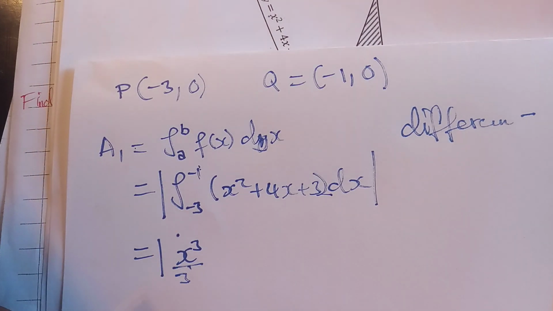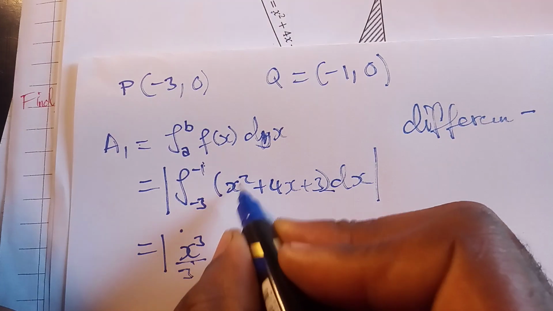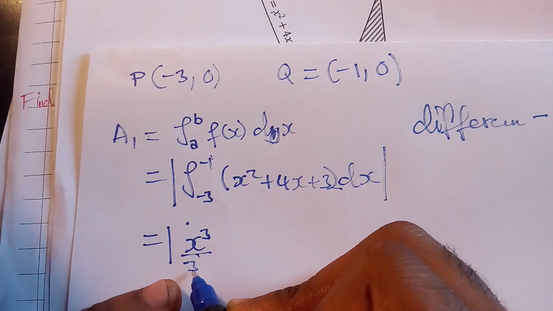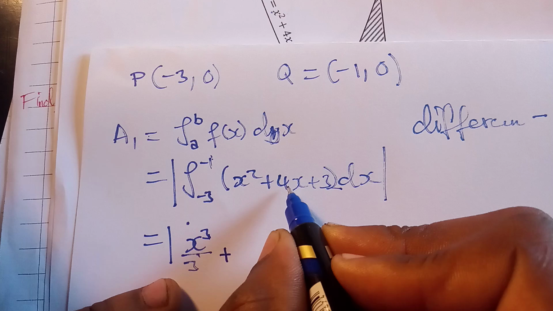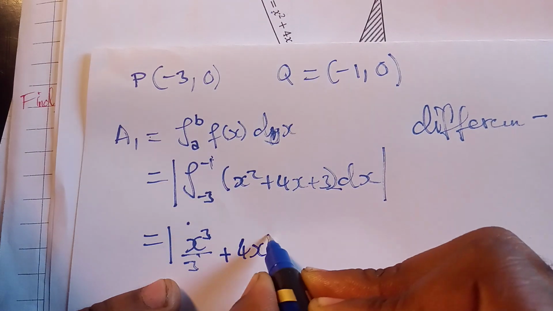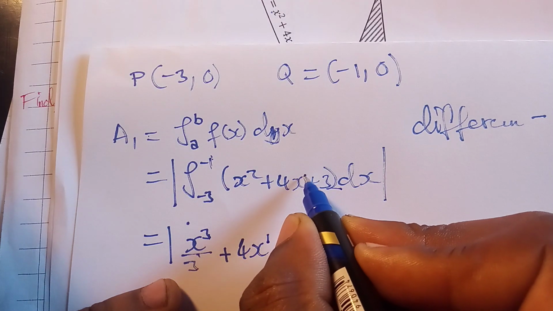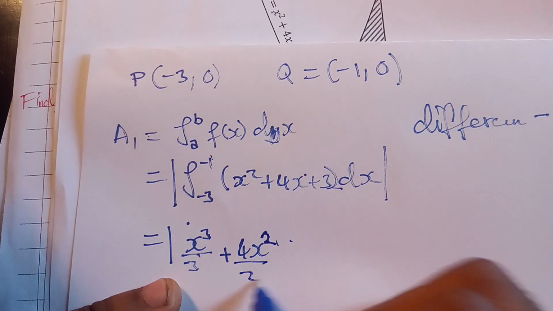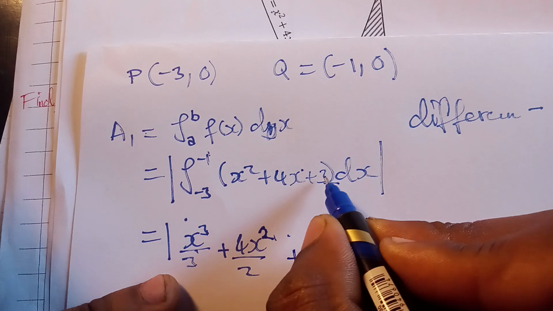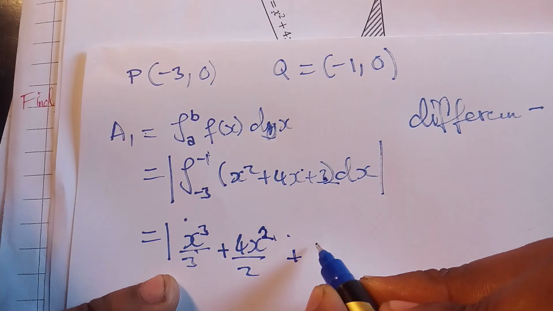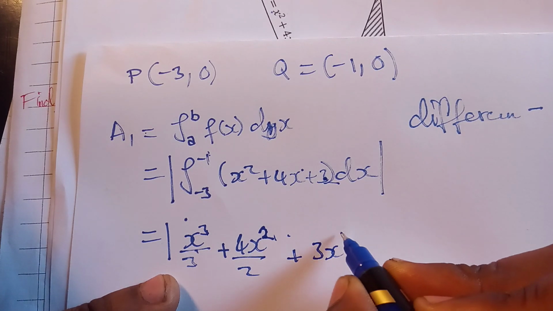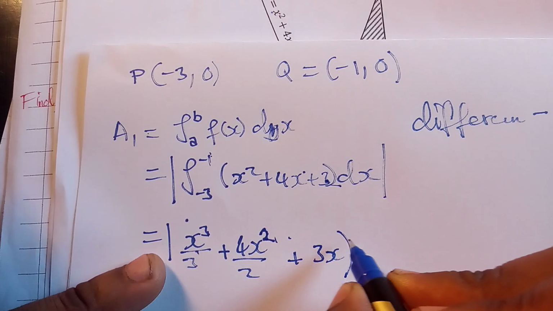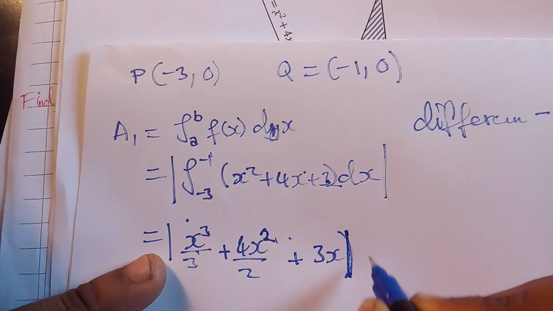So for integration, you add the 1 and then you divide by the new power, plus 4x. So the power there was a 1, you add another 1, so this one will be a 2, and divide by 2. And then for a constant, simply add an x at the end, like this.